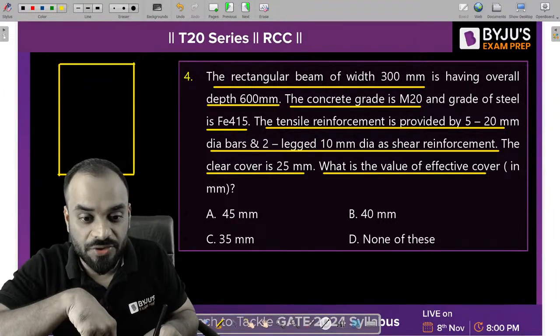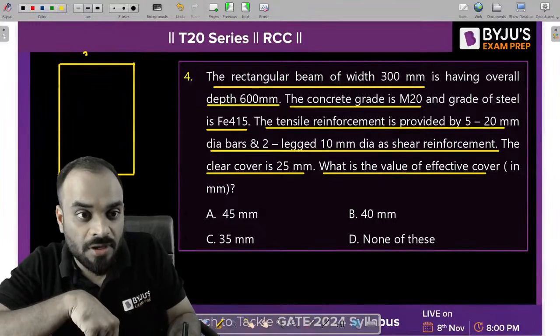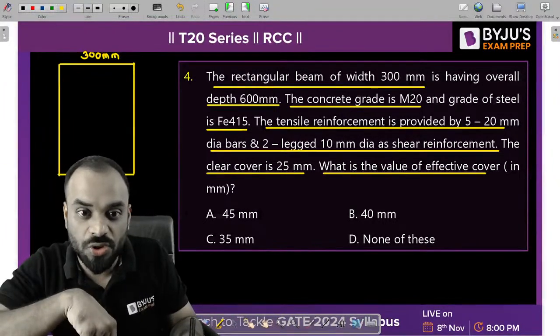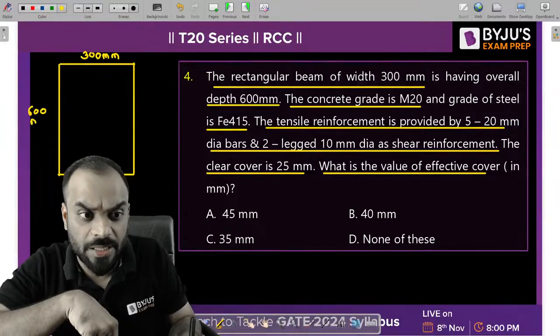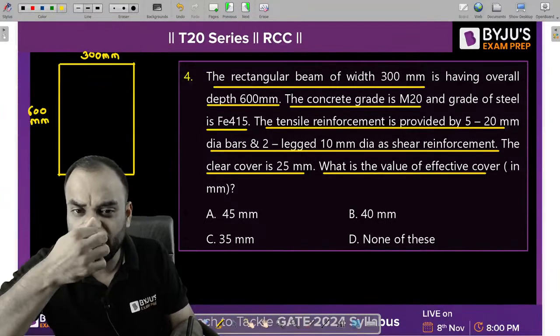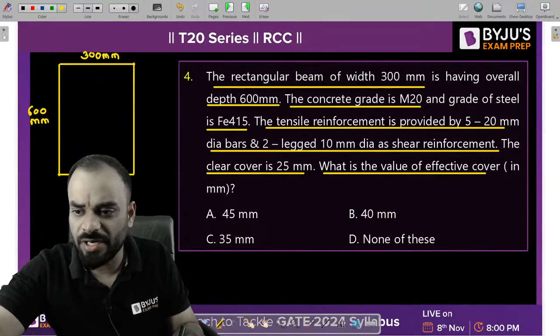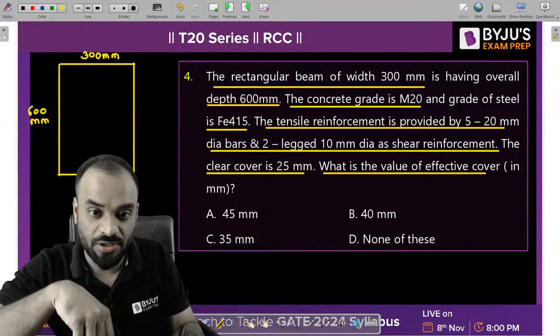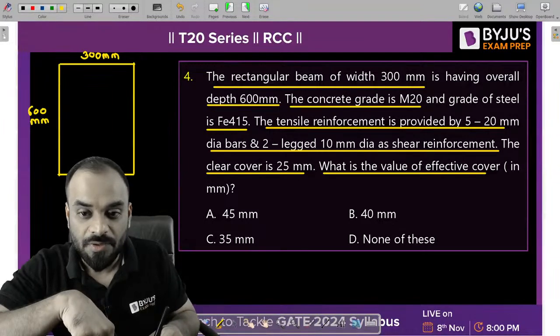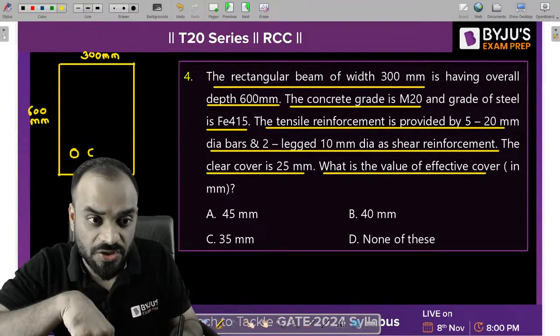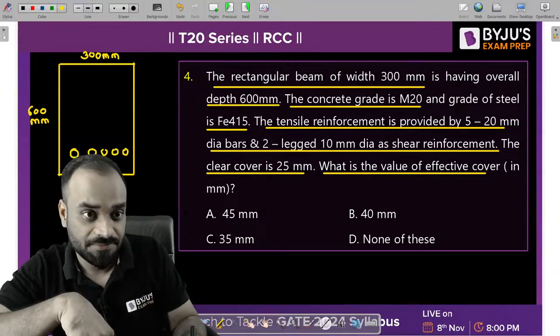So, guys, this is the cross section which is mentioned in the problem, and this dimension is basically 300 mm, and the overall depth is also given to us, which is basically 600 mm, correct? Now we need to use M20 and Fe415. Swapnil A, okay, 45 mm, very nice. Let's see. The dia of tension reinforcement is given to us. This is tension, this is tension, this is tension, this is tension, and this is also tension reinforcement.